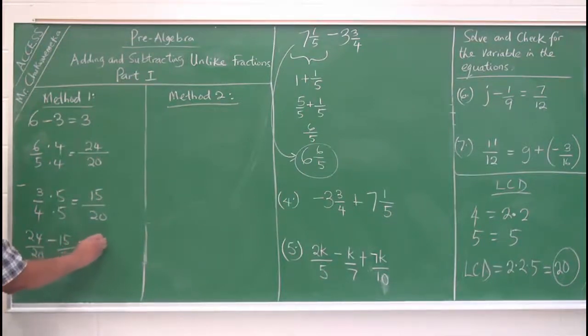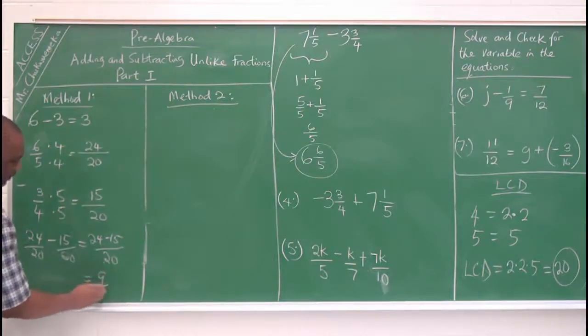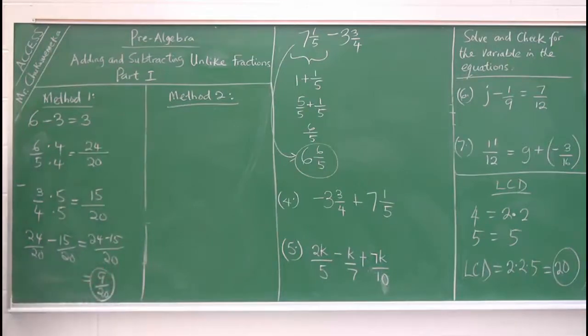And that will give us 24 minus 15 over 20. And that will give us 14 minus 5 is what? 9 over 20. Okay? So we now have our answer to be what? Our answer will be 3 plus 9 over 20, which is 3 whole number 9 over 20. So this will be our answer here.